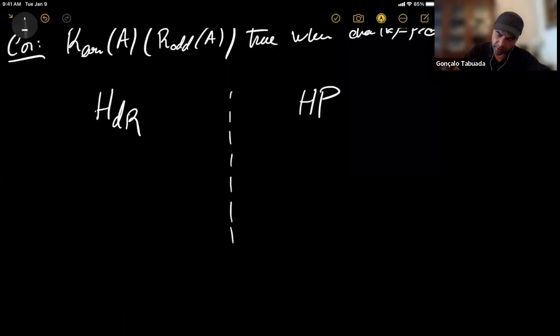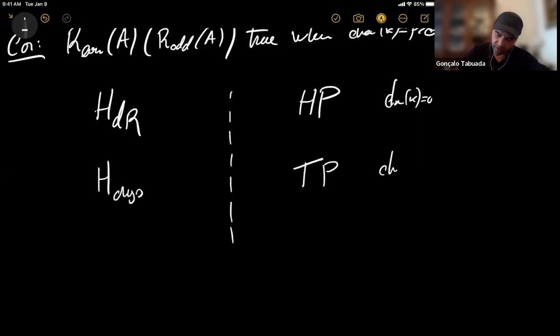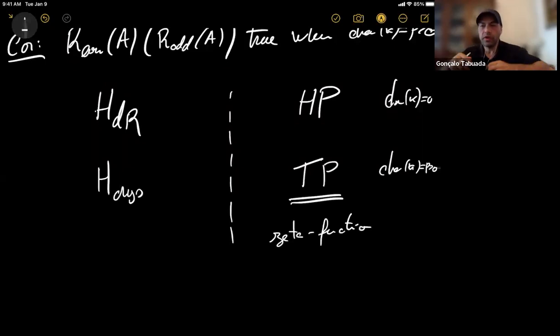And here you are somehow in characteristic zero, and you would like to have some kind of analog of the crystalline, and this is the TP here. And then if you have this TP, you can use it to define zeta functions when you are working over finite fields.